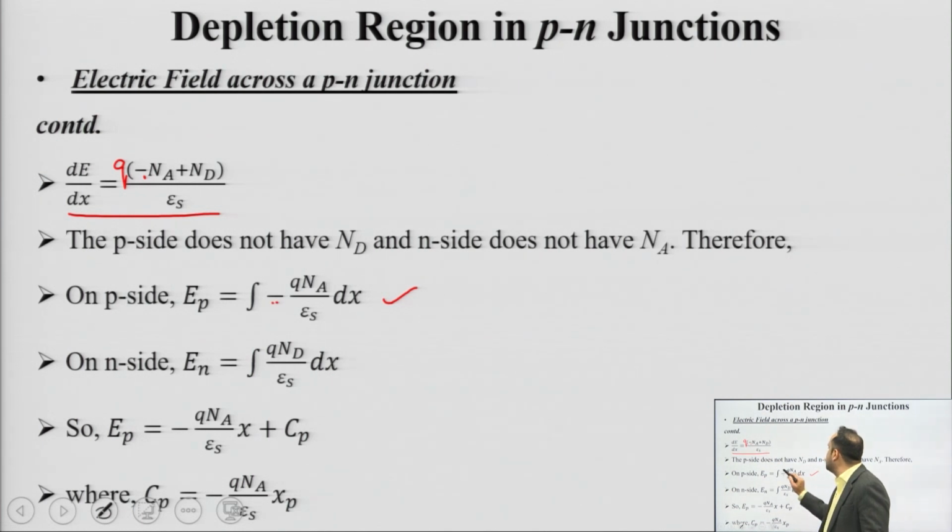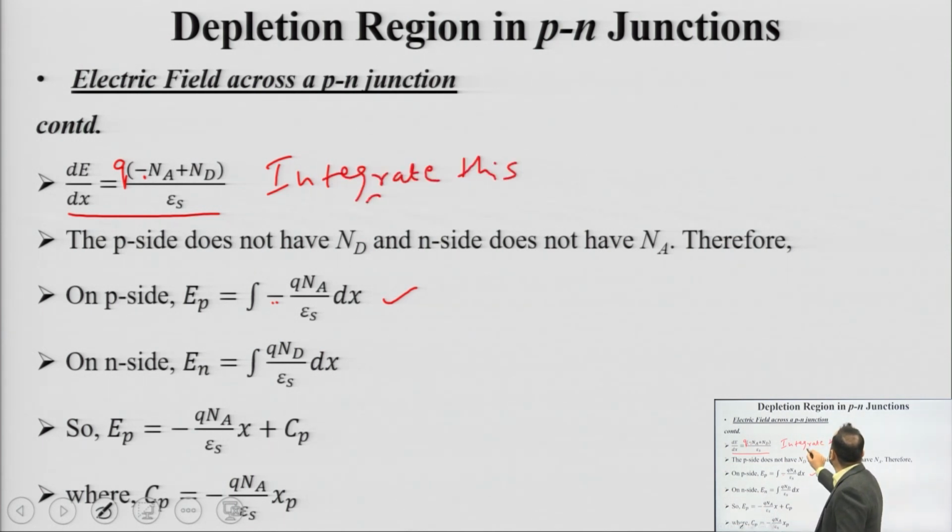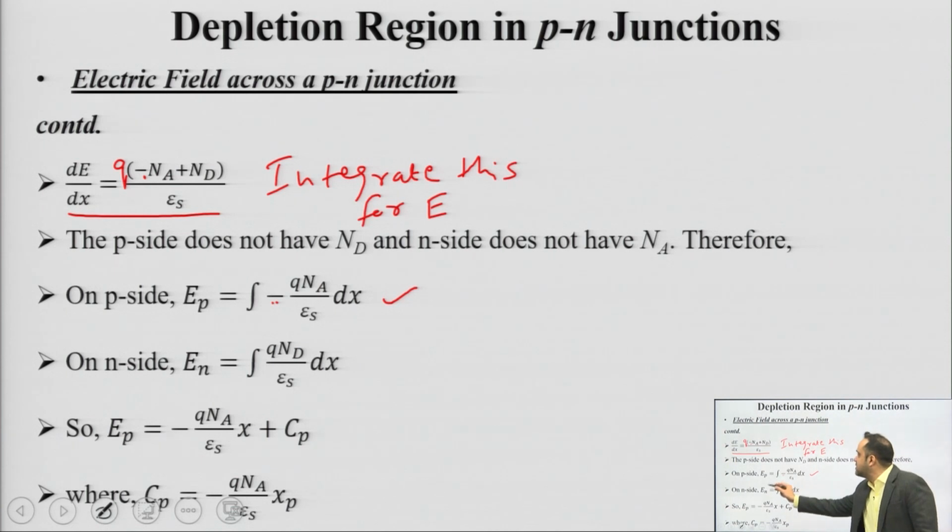Nd is 0 on the P side, so the expression becomes like this and I have integrated this equation for electric field. On the P side this is the expression, for the N side Na becomes equal to 0 and Q Nd by epsilon s comes here.